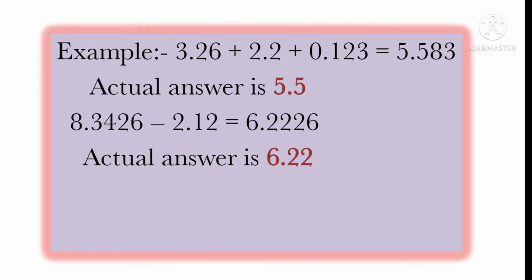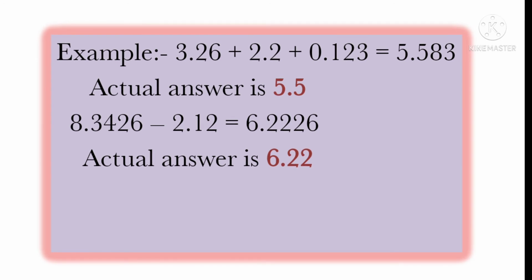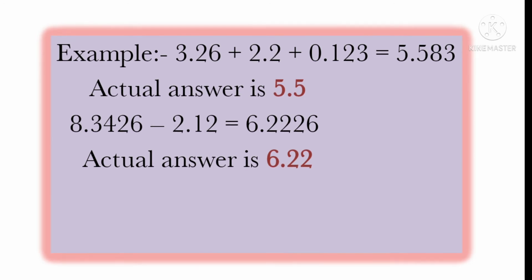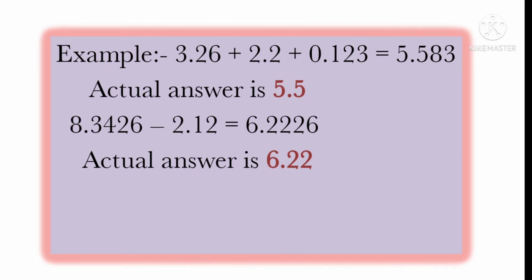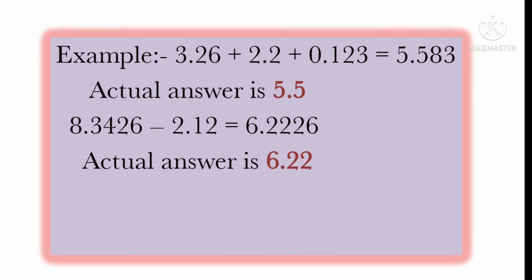Okay, so answer will come up as 5.583. So after rounding up it will come up as 5.5. तो एक सब्सट्रैक्शन का भी एग्जांपल देख लेते हैं. 8.3426 minus 2.12. तो इसका रिजल्ट क्या आएगा? 6.222 and 6. So it will be reported as 6.22 as least decimal place is 2, which was 2.12.